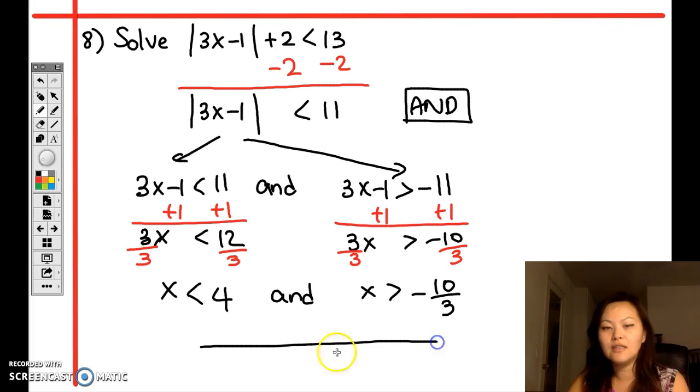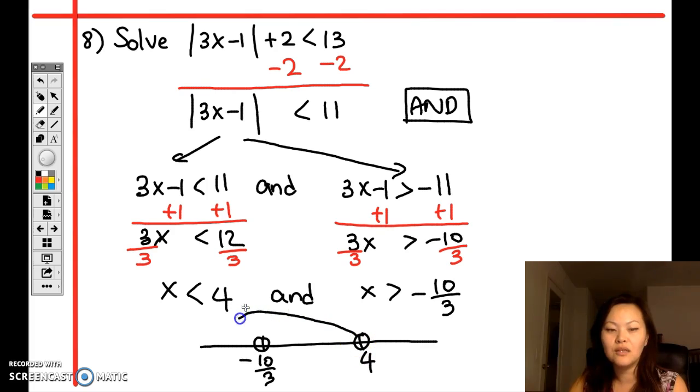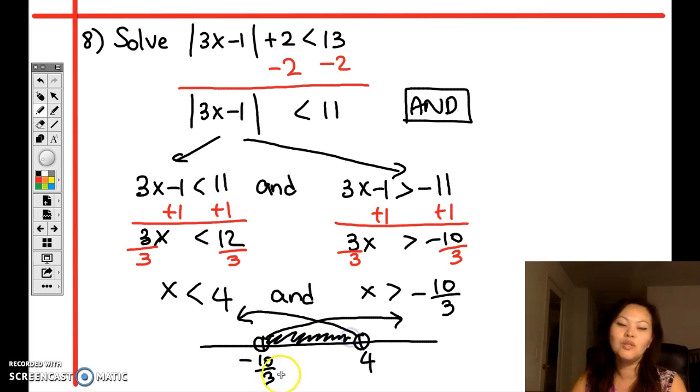Because this is an AND inequality, when you graph it, it looks like this. Negative 10 over 3, 4. There's no line underneath, so we have empty circles, and x is less than 4 going this way. x is greater than negative 10 over 3 going that way. So your answer is right here in between negative 10 over 3 and 4.